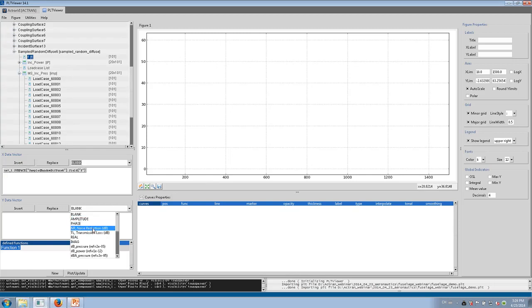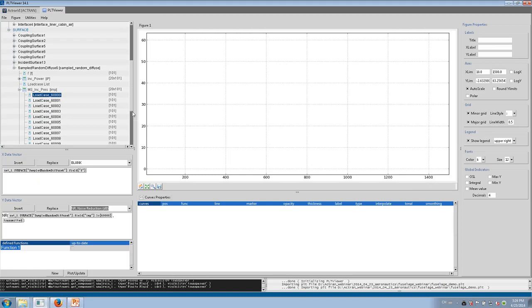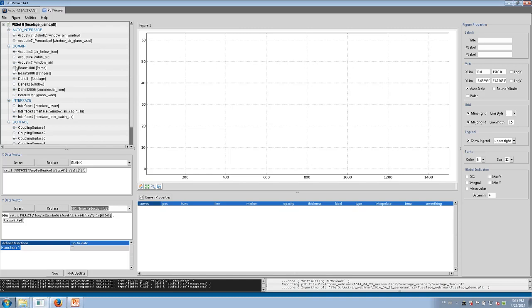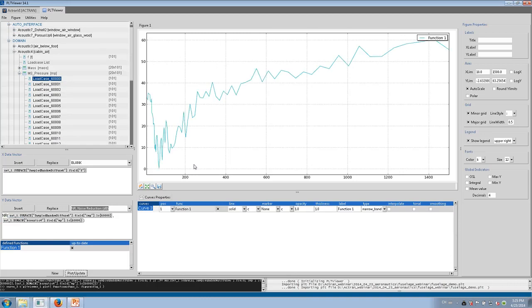I will apply a noise reduction indicator here and drop the mean square pressure of the incident part. For the response in the upper cavity, I'm looking for the cabin air and get its mean square pressure and bring it to the transmitted part. Now this curve shows the typical noise reduction curve in this vibro-acoustic problem.